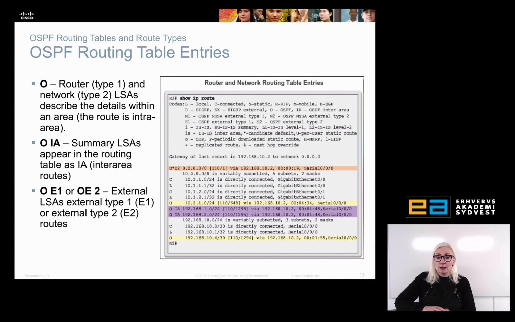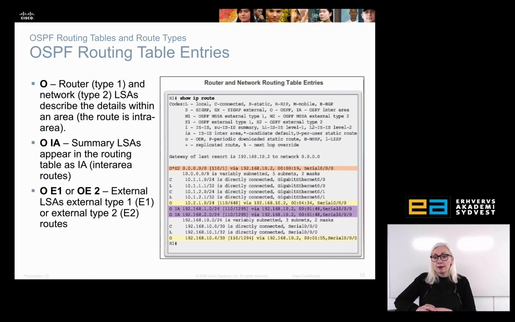This is information coming from type 1 and type 2 LSAs. These are routes learned within the same area. Then we have the O with an IA afterwards. These are inter-area routes, so these are routes learned by the ABRs. This is typically networks existing in another area than my own.